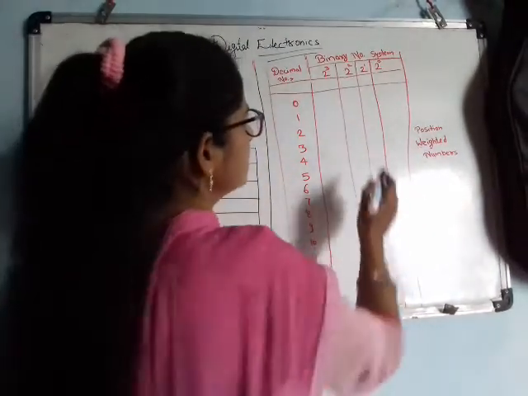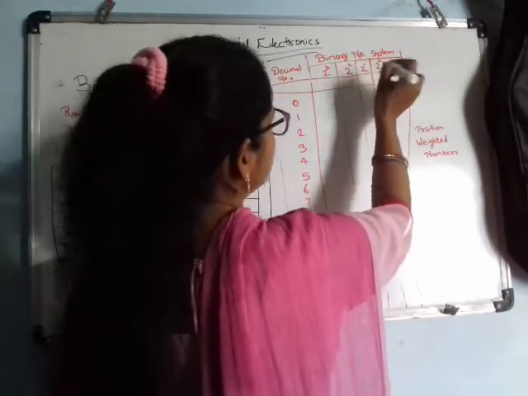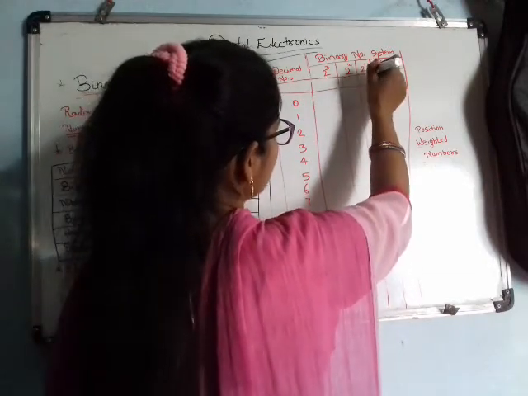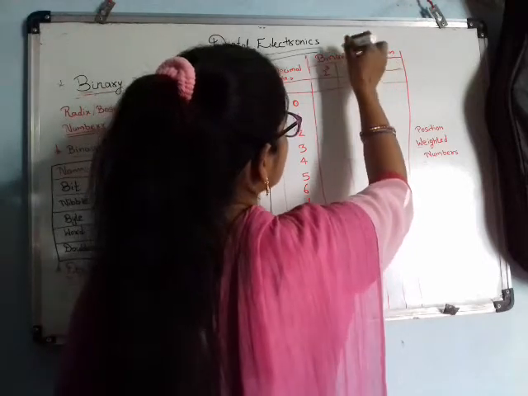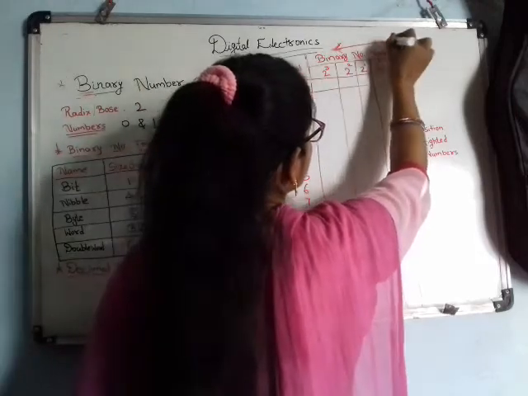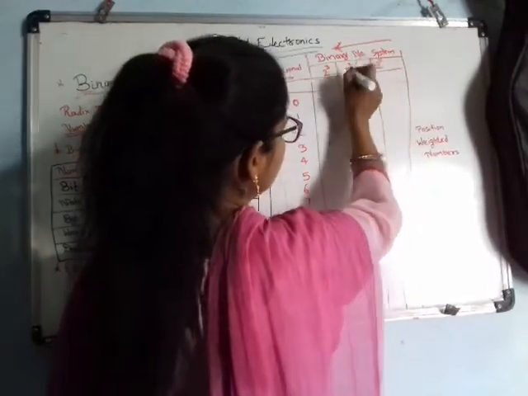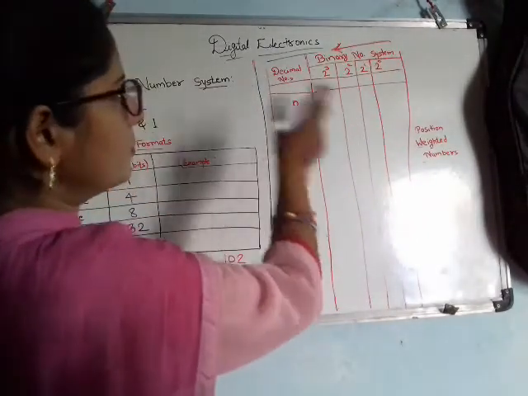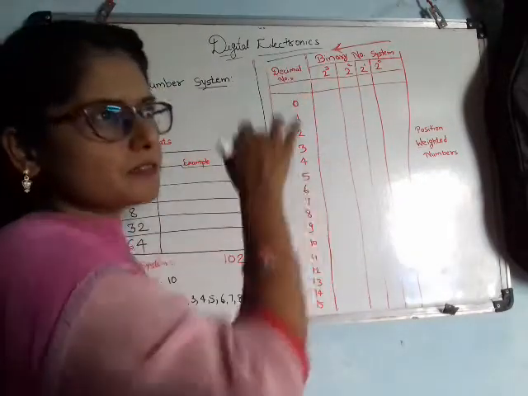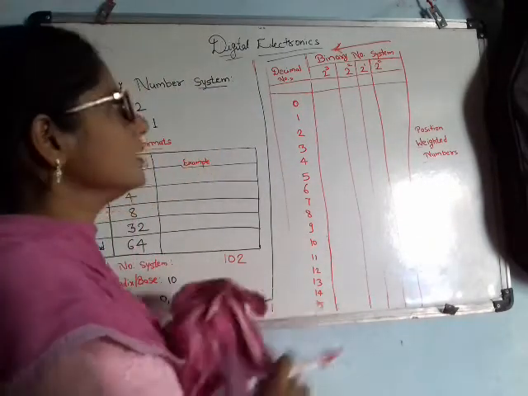The weightage is 2 raised to 0, 2 raised to 1, 2 raised to 2, 2 raised to 3, and its direction is from right to left. If you want more numbers, then we write 2 raised to 4, 2 raised to 5, 2 raised to 6, depending on the numbers we want to write.